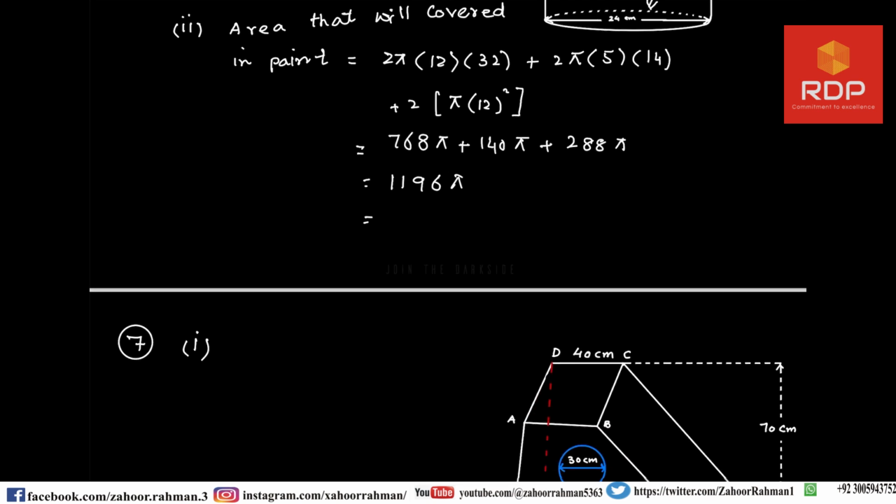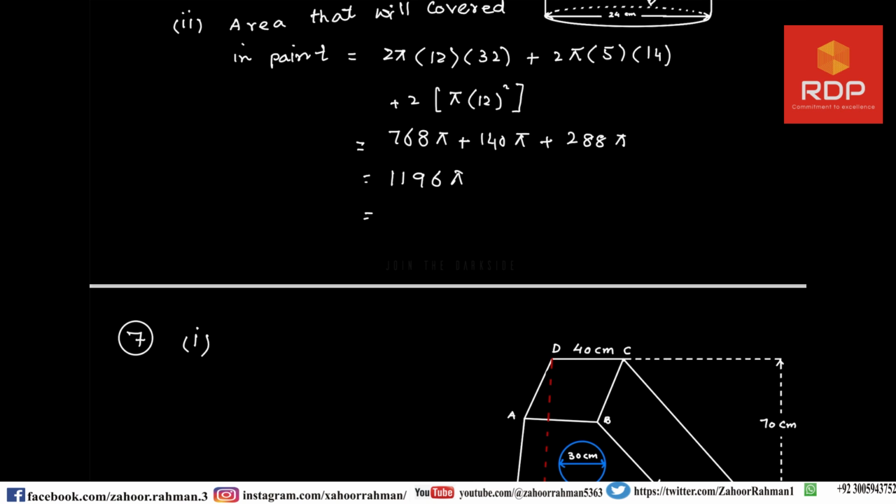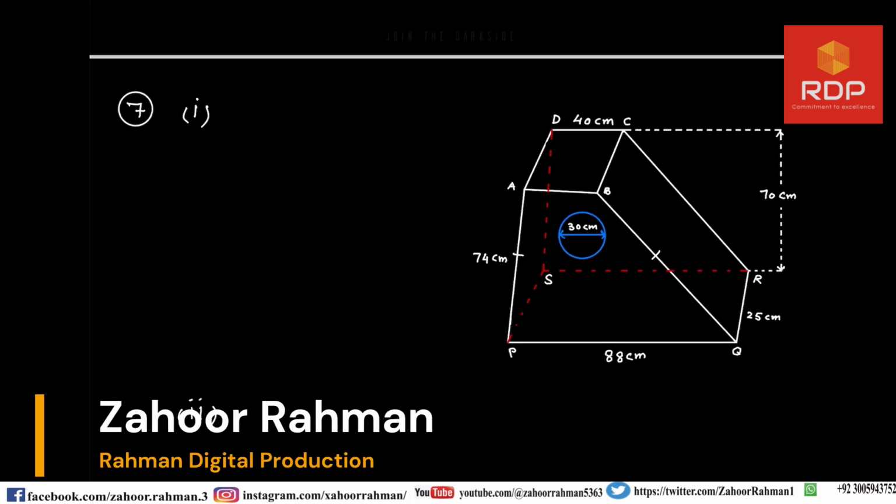After inserting the value of pi, we will get 3700 centimeter square.